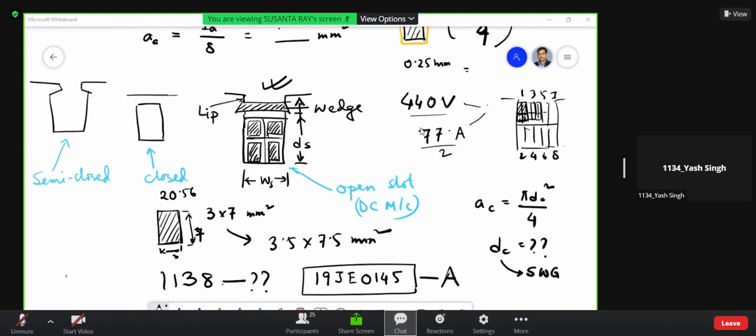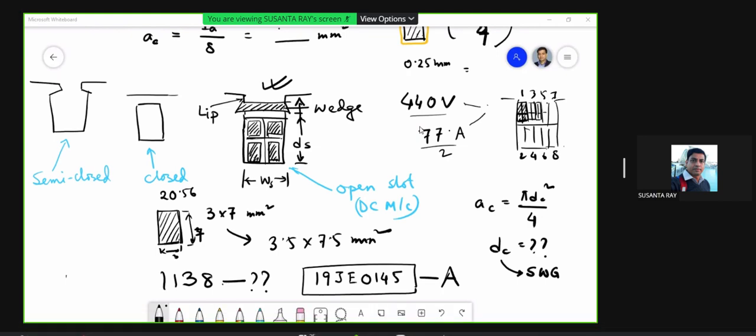So SWG value is coming as 11. I don't understand anything. You should calculate the slot dimensions.